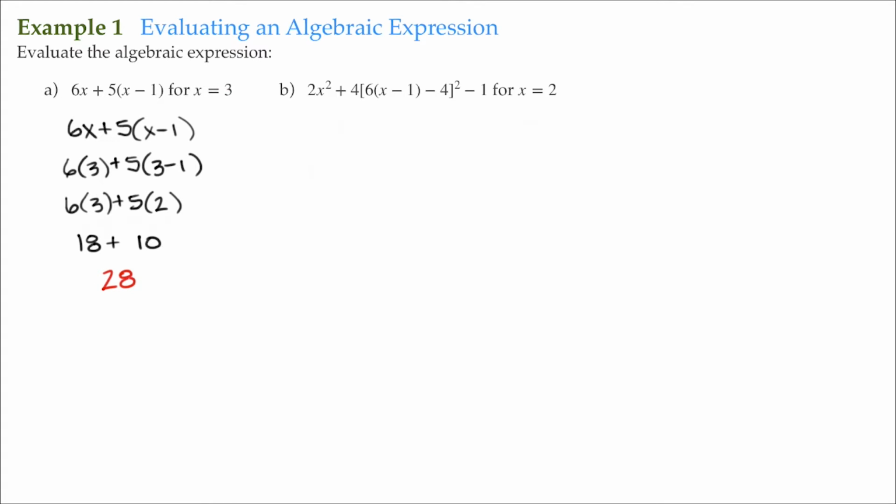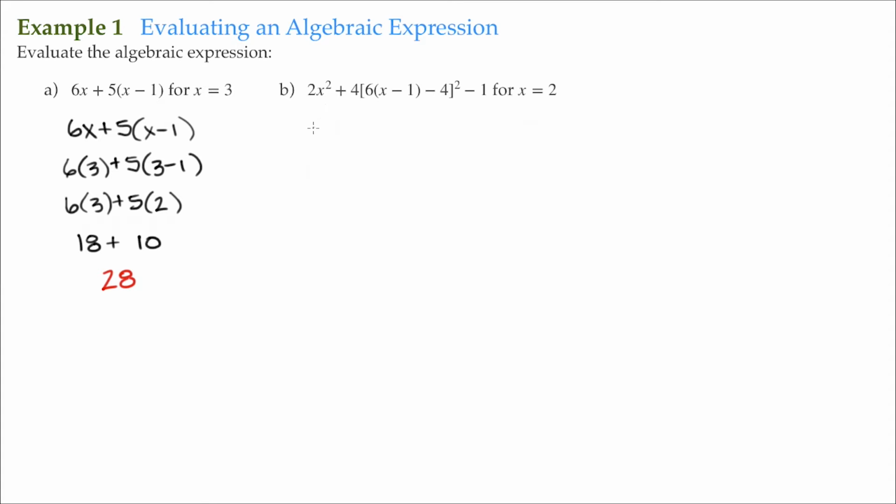And we'll do the same for b. We have 2x squared plus 4 times 6 times x minus 1 minus 4, all over squared, minus 1. So it looks like there's a lot going on here. We have variable exponents here, and we have brackets or grouping symbols within grouping symbols.